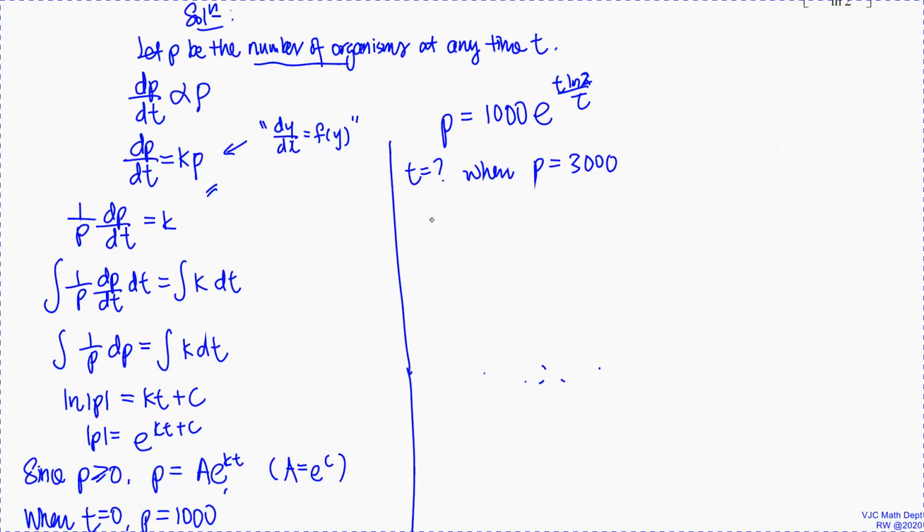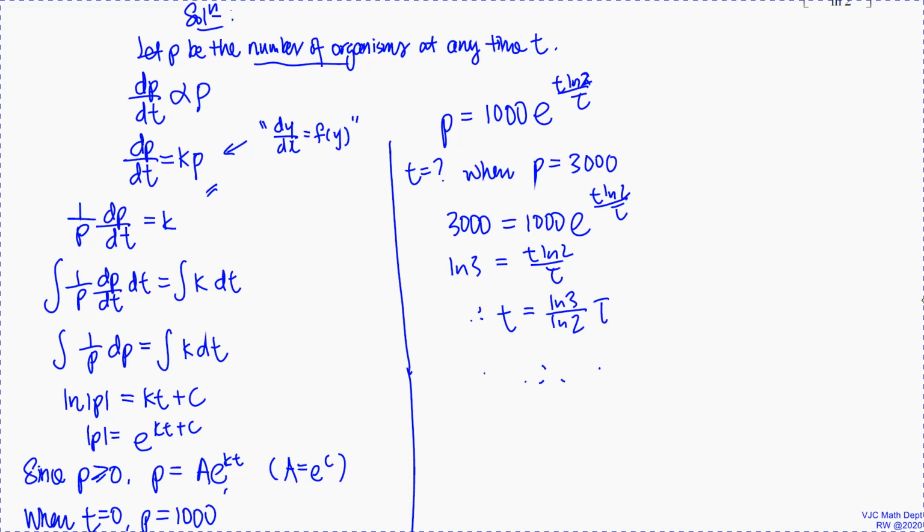Substitute in, you get 3,000 equals 1,000 e^(t ln 2 over T). If I divide by 1,000 and take ln on both sides, you get ln 3 equals t ln 2 over T. Therefore, t equals ln 3 over ln 2 times T. Therefore, you get the answer here.